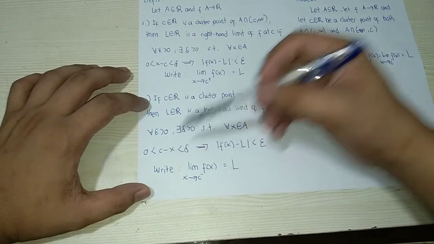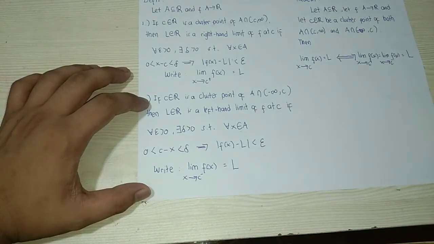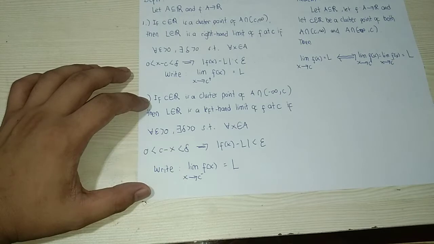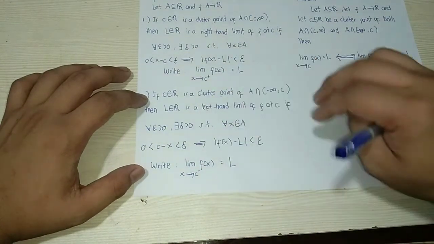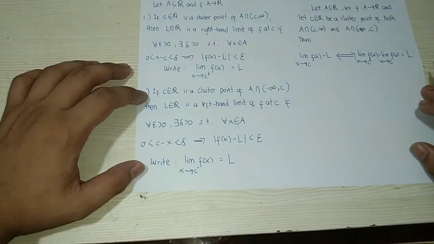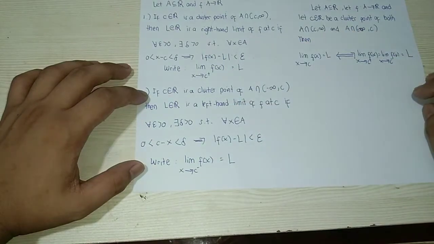As you can see, it is C minus x because C is higher than the values of x; the x here are those on the left side of C. And as you can see, it also has no absolute value. This implies the absolute value of f(x) minus L is less than epsilon. And we write the limit of f(x) as x approaches C minus equals L.